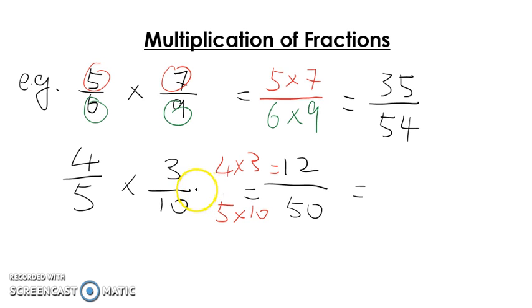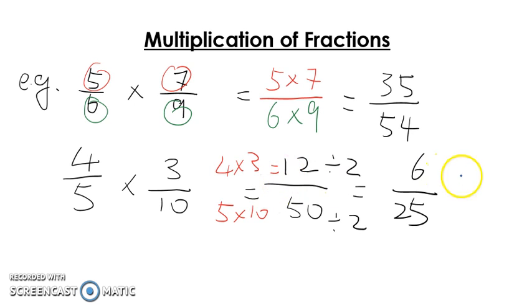Now, some basic skills, I really hope you start to have it now. 12 and 50 can both be divided by 2. Hence, the final answer would be 6/25. And the word that we're looking for is simplify.